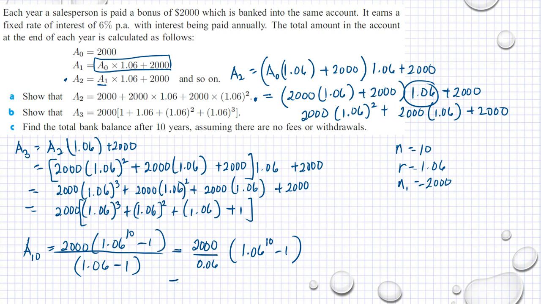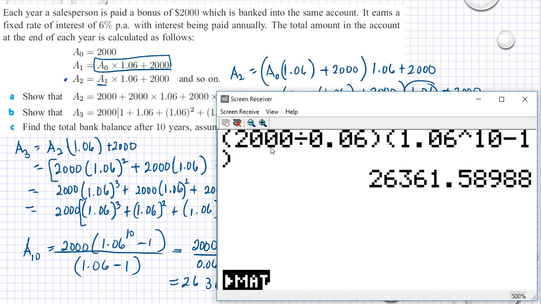I hope you got that also. 26,361.59. Let's see if I can show my screen. Here's what I did. 2,000 divided by 0.06 in parentheses, of course, because I want them to be solved first, multiplied by 1.06 raised to 10 minus 1 in parentheses also. That's why I get 26,361.59.